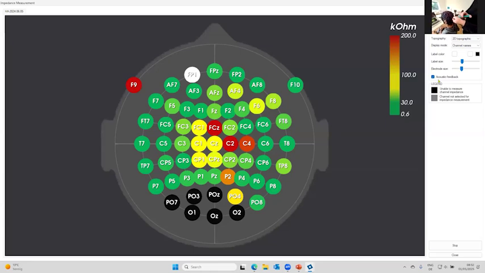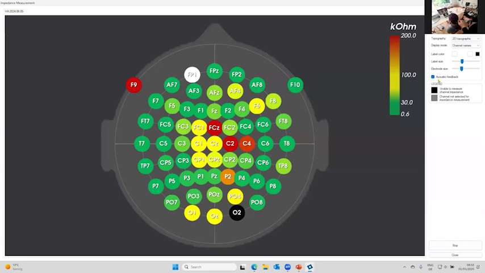As you can see, the measurement is slightly delayed, but it's over there. So this was PO3, PO7, PO1. So left occipital, center occipital, OZ, and PO2, which is the right occipital.